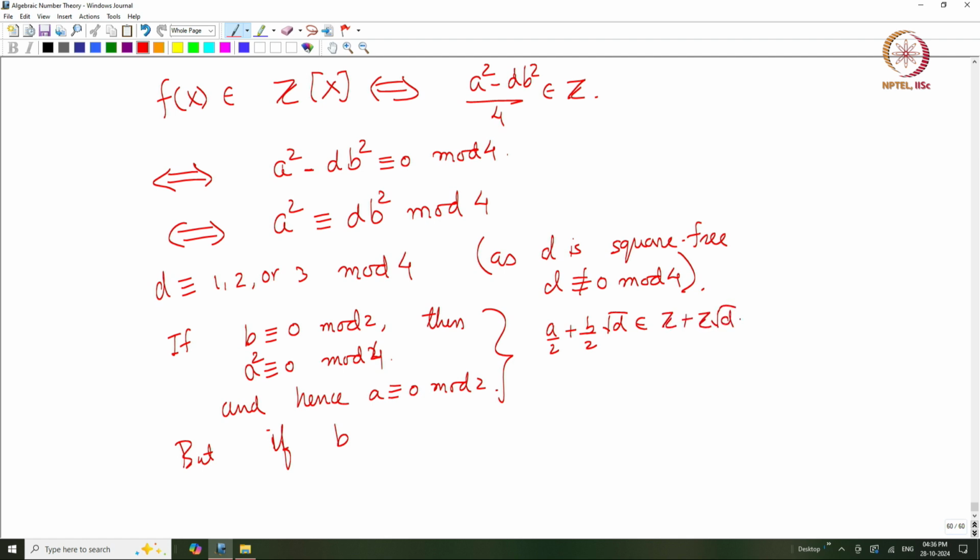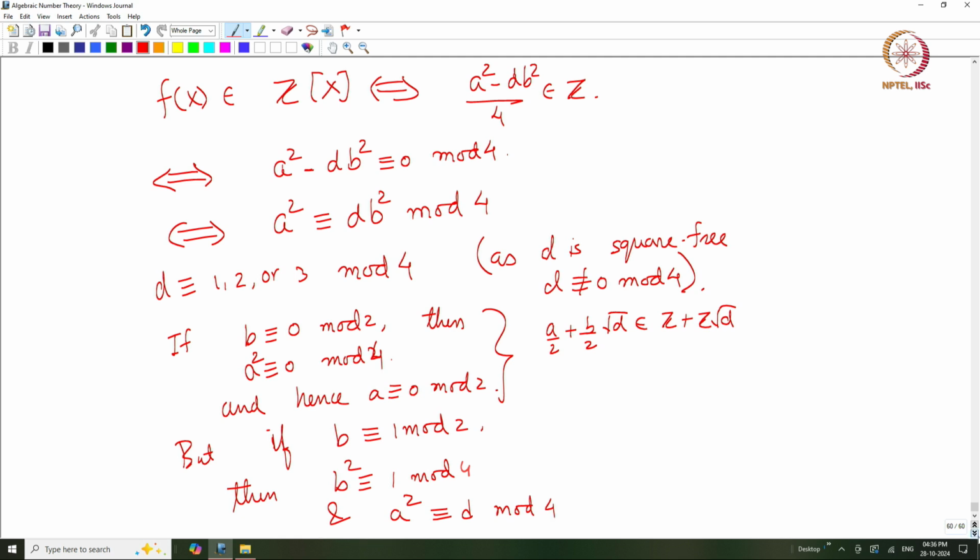So, there is nothing interesting happening here, but if B is congruent to 1 mod 2, so it is odd, then B squared is also congruent to 1 mod 4 and A squared is congruent to D mod 4, right.